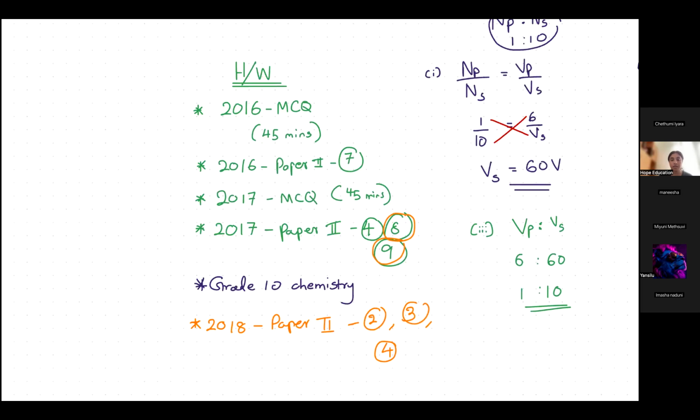Divide it over a few days, then it won't be too much for you. I will send the homework in the group as well. Today is 13th December. Okay, we will discuss.